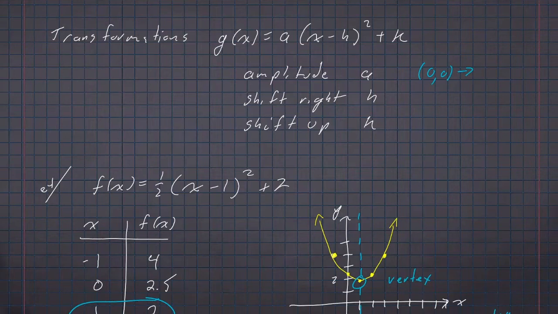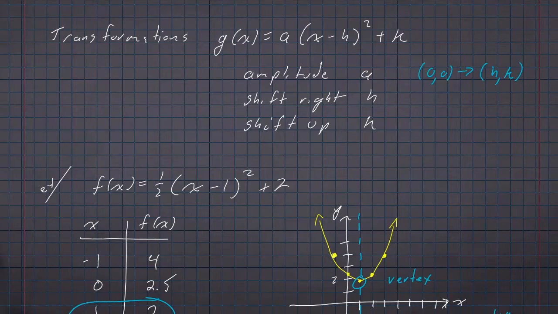If I take the transformations of this generic function, the point that was originally 0, 0, the vertex, is always going to be moved to the point (h, k).